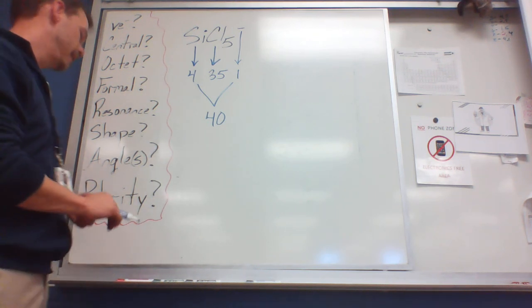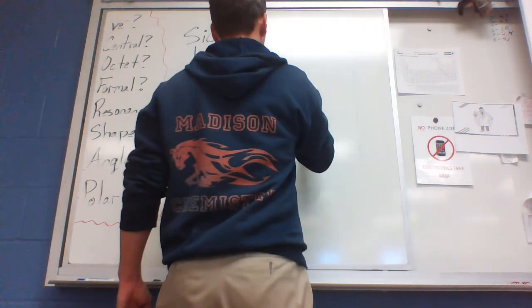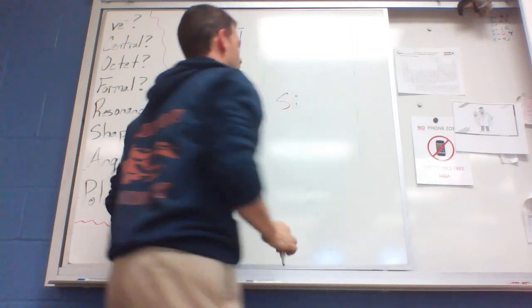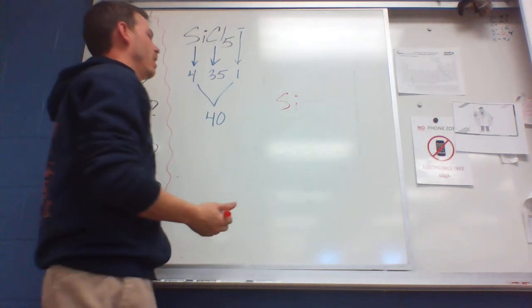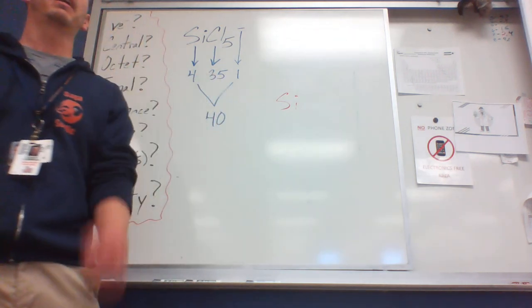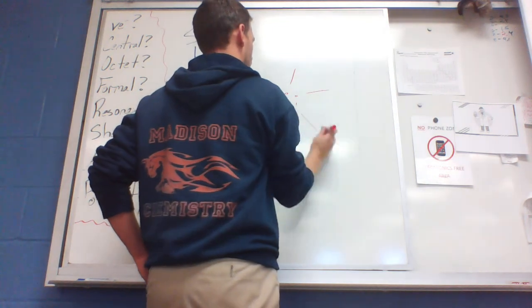I'm going to put silicon in the middle, and then I'm supposed to bond everything else with a single bond. Right away you need to make sure silicon can expand his octet. He can, but I like for you to think about it.